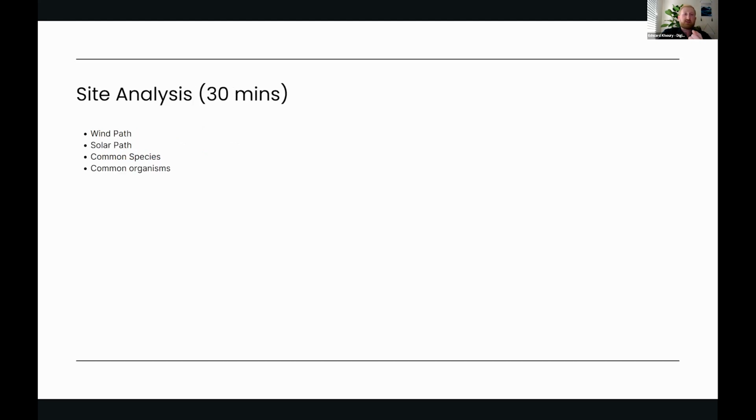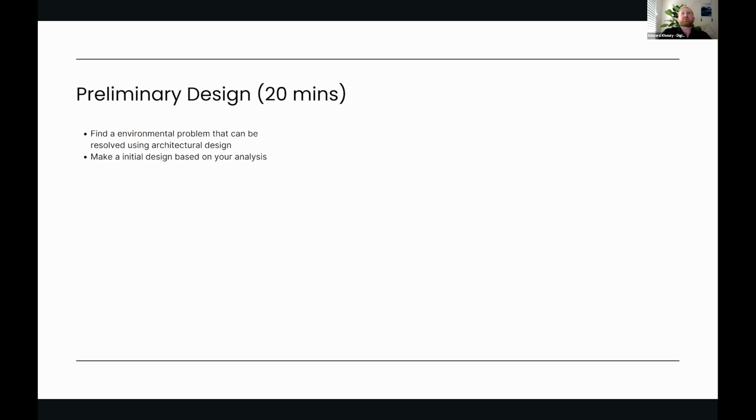But once you find that site, the analysis is more complex than just wind and water flow. Think about what organisms are common there, if there are any issues, is there something missing, how often is it used, is it a public space, is it a private space? And then we get into some preliminary design.